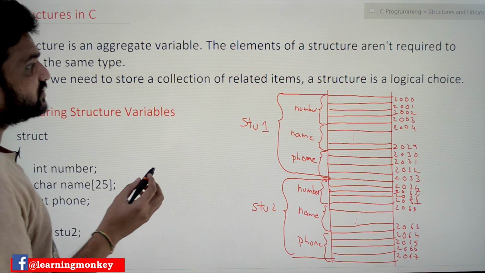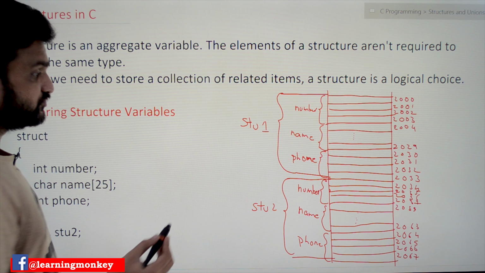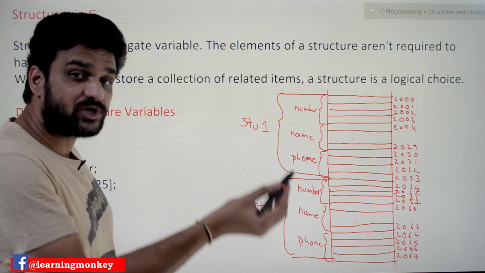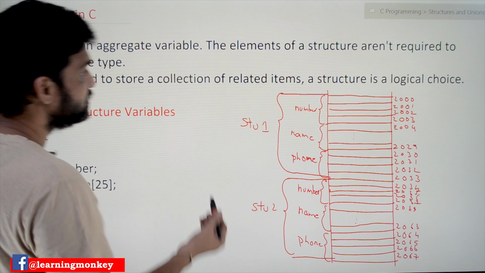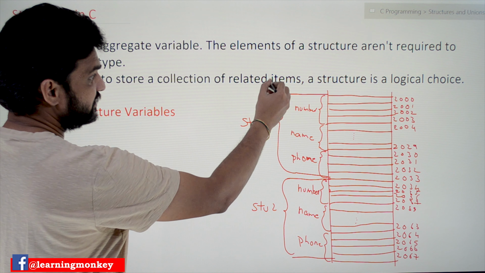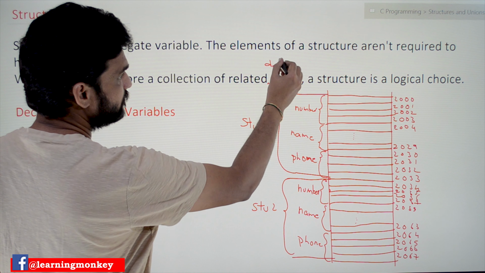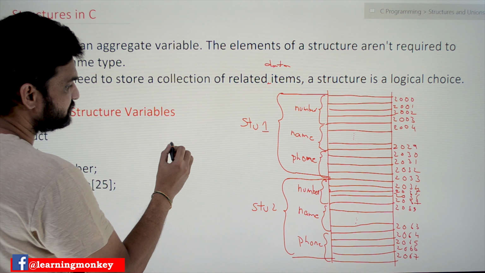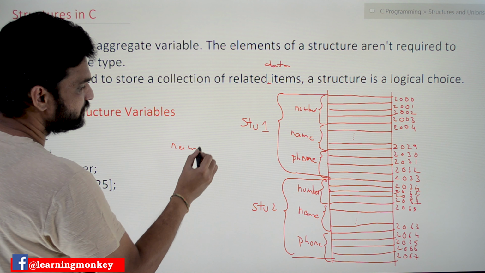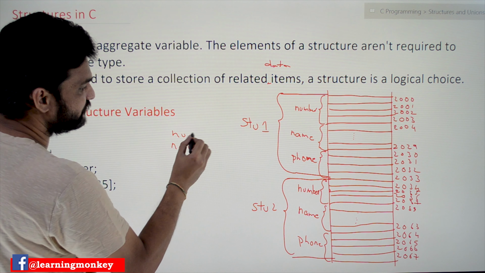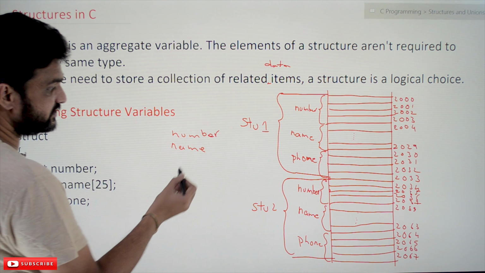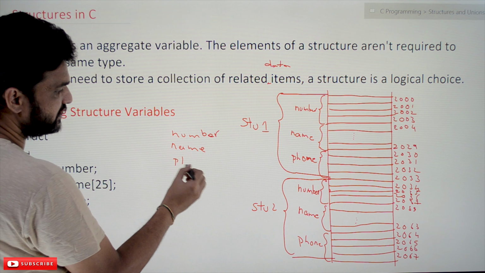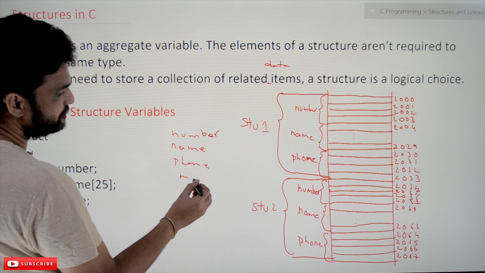What is meant by related items, that we will try to understand first. For example, if you want to collect the details of a student, what are the related data items that are possible? It is the name of the student, the number of the student, register number of the student, phone number, and mail ID.